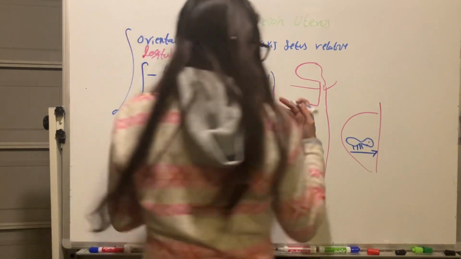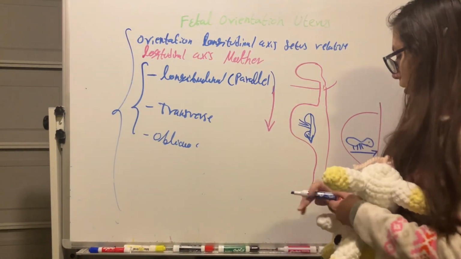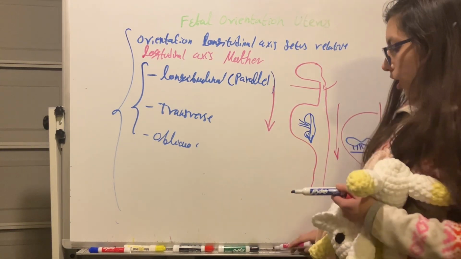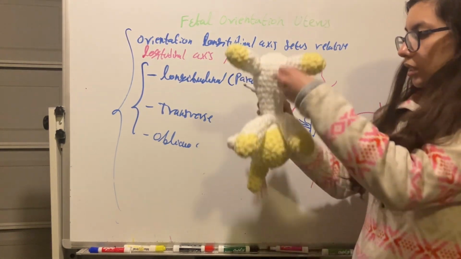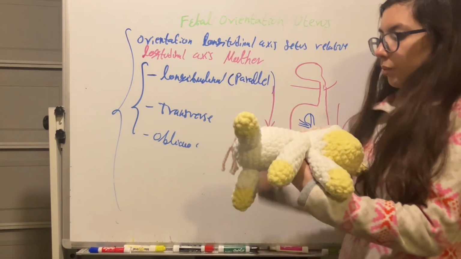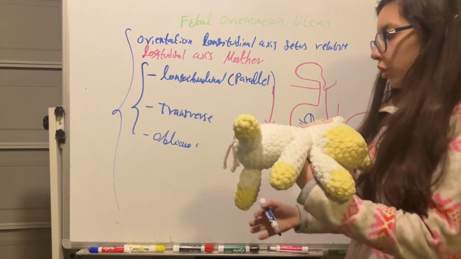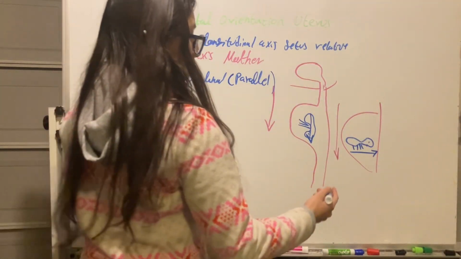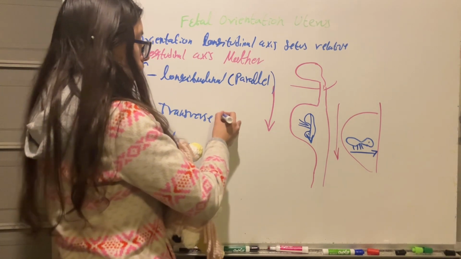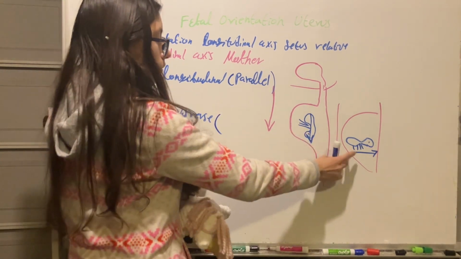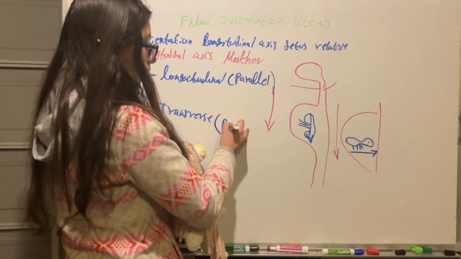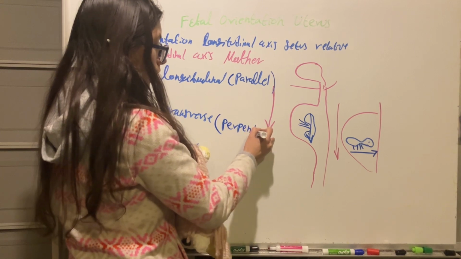So this is the longitudinal axis of the mother, and the longitudinal axis of the fetus is transverse relative to the longitudinal axis of the mother. In other words, the transverse orientation of the fetus is when the longitudinal axes of the fetus and the mother make 90 degrees, or let's say they are perpendicular to each other.